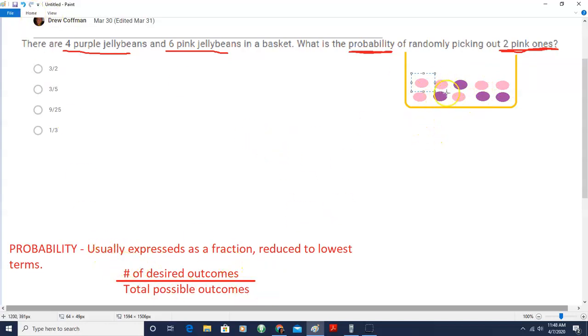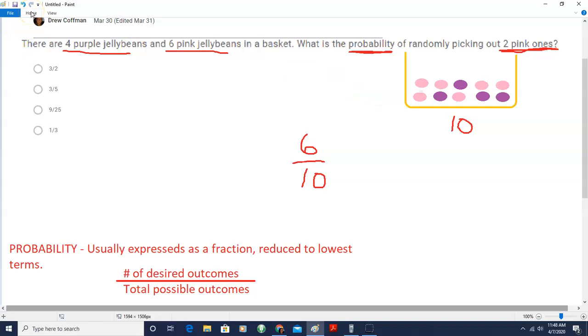We desire one of those 6, out of a total of, how many did we say? 4 and 6. There's a total of 10. So it's 6 out of 10 is our probability of picking just one pink jelly.